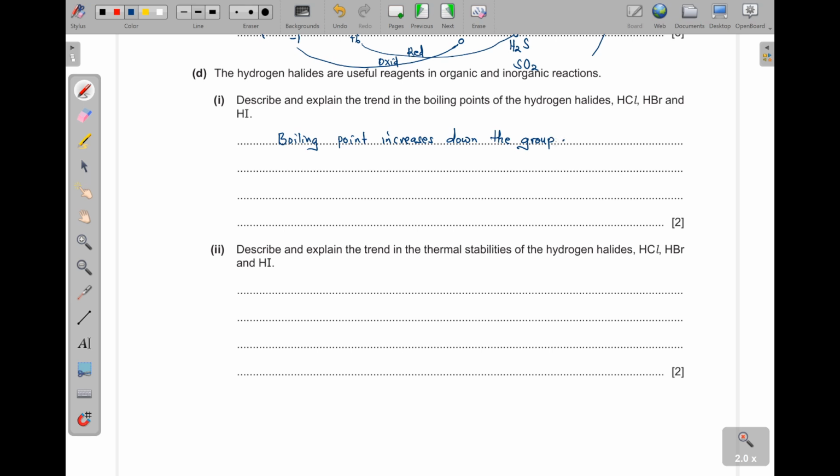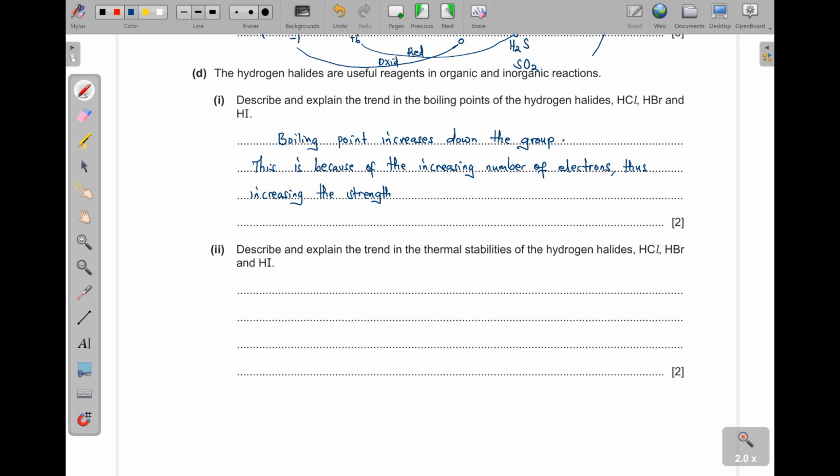Why? This is because of the increasing number of electrons, thus increasing the strength, because for boiling point you have to talk about the strength of the intermolecular forces.